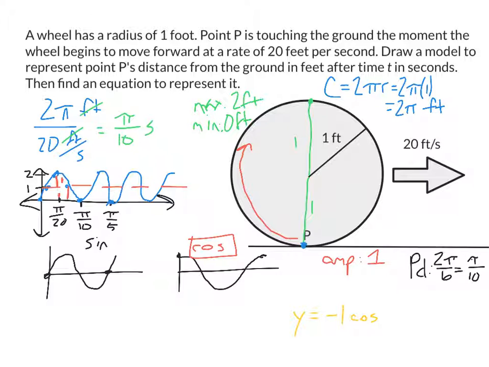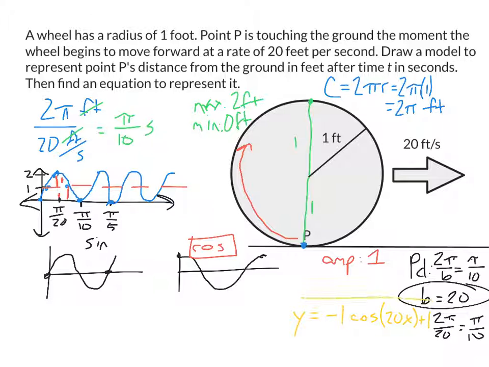And so what value of b would make this true? If we made b equal to 20, then 2 pi over 20 would be the same as pi over 10. So my b is 20 here. And so to continue to write this, we have 20 times x, and then our midline has shifted up 1.